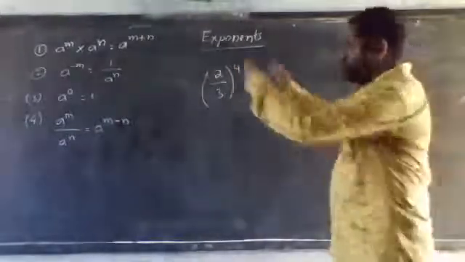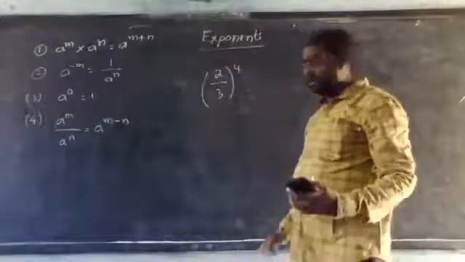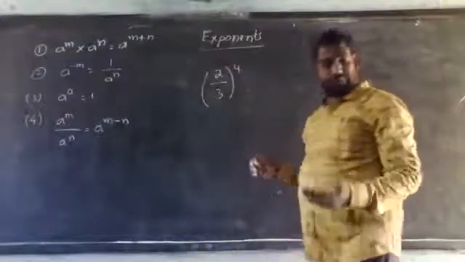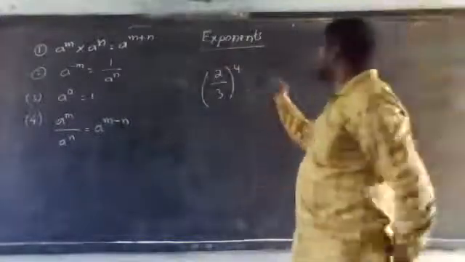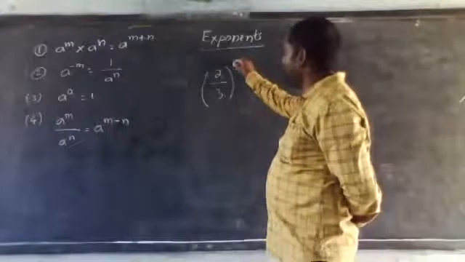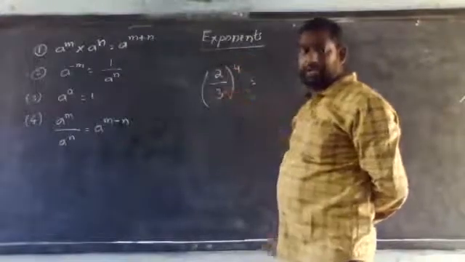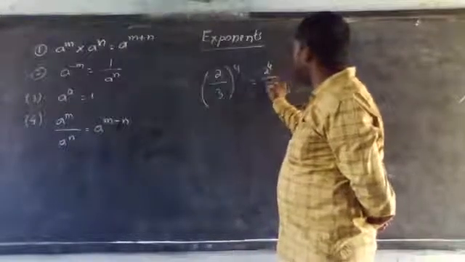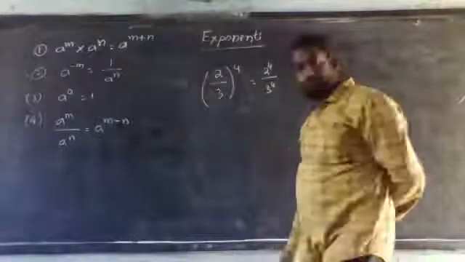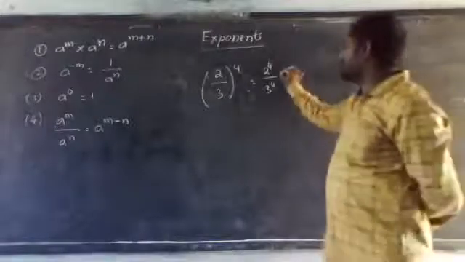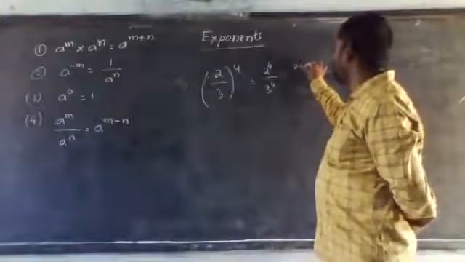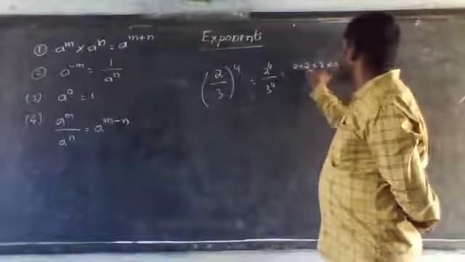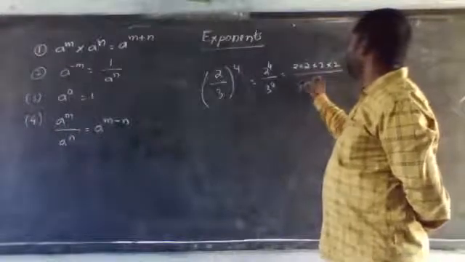Whole means total. 2 by 3 whole to the power of 4 means this 4 belongs to both numerator and denominator. So that's why 2 to the power of 4 by 3 to the power 4. We can expand it like this: 2, 4 times, by 3 also 4 times.